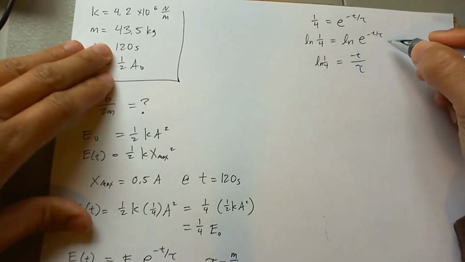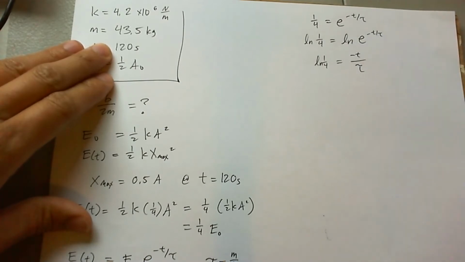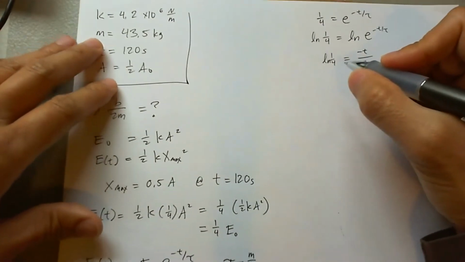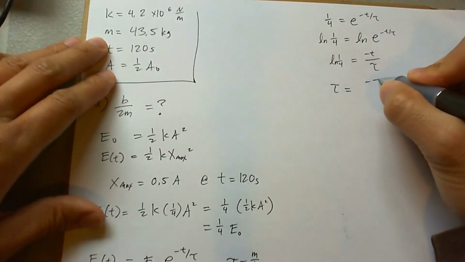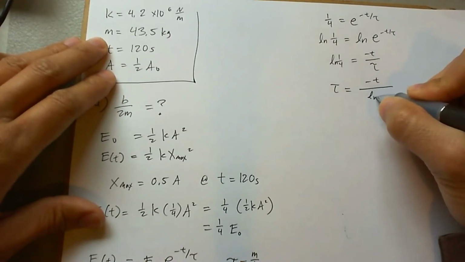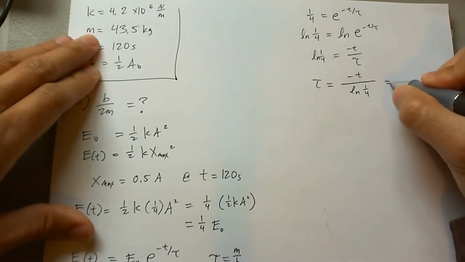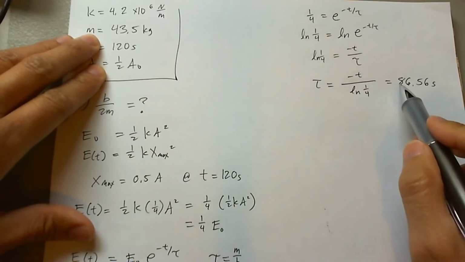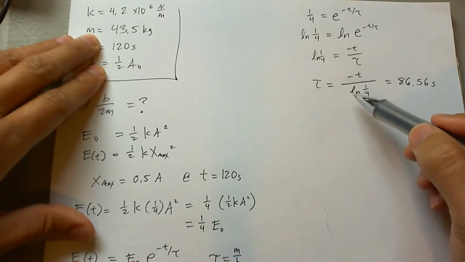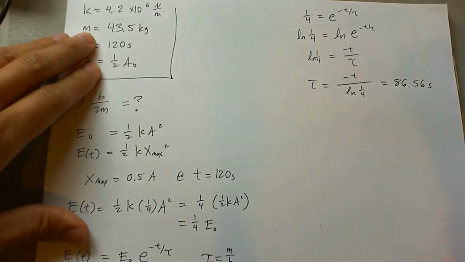That's just a rule of natural logs: they cancel out the effects of the exponential function. So now solving for tau, we get tau equals negative t divided by natural log of 1/4, and this ends up being 86.56 seconds. It's a positive number because the negative t and the negative natural log cancel. So now we have ourselves a tau.